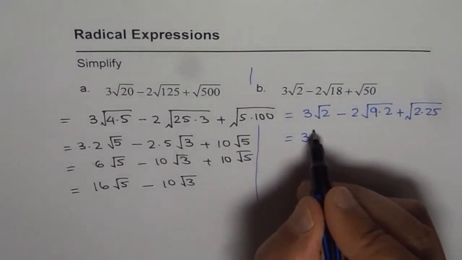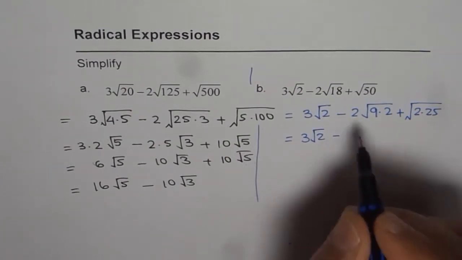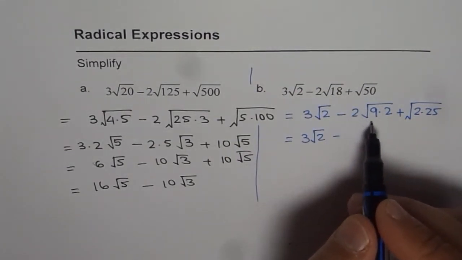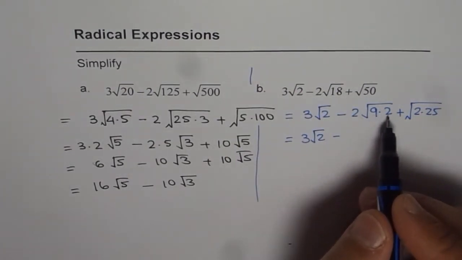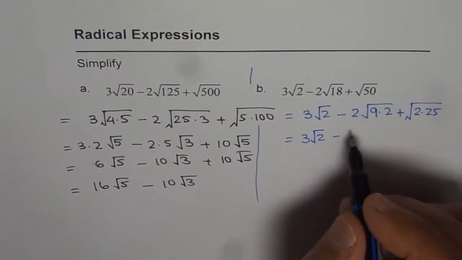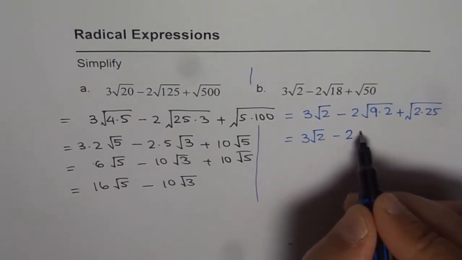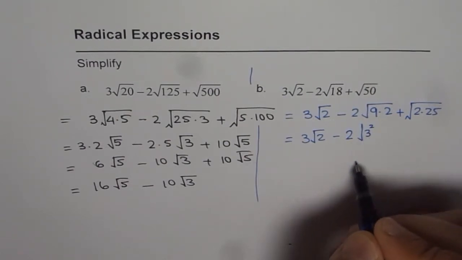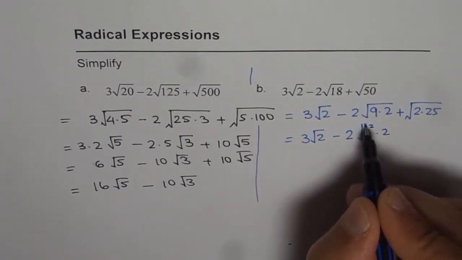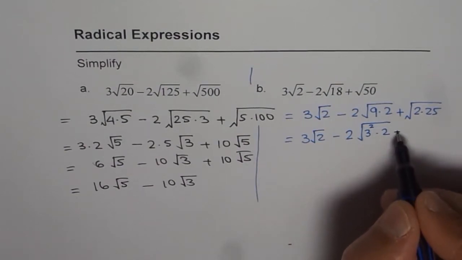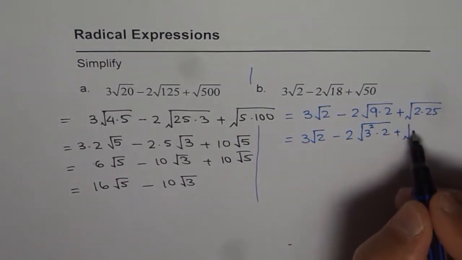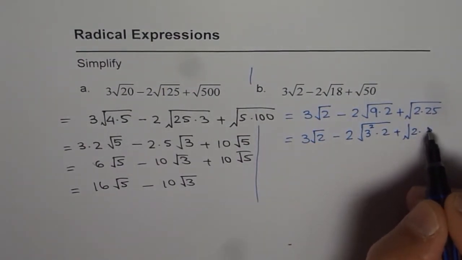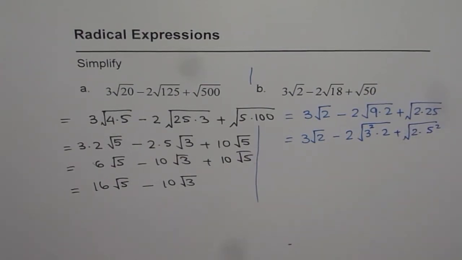Now we have 3 square root 2, and then 2 times square root of 9 times 2. 9 is a perfect square, right? So let me go one more step. 9 is 3 squared. That's what I mean when I say perfect square, times 2. So I'm writing one additional step here just to make things clear. 25 times 2, where 25 is 5 squared, correct?